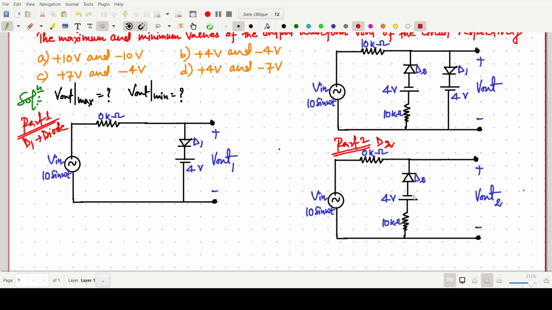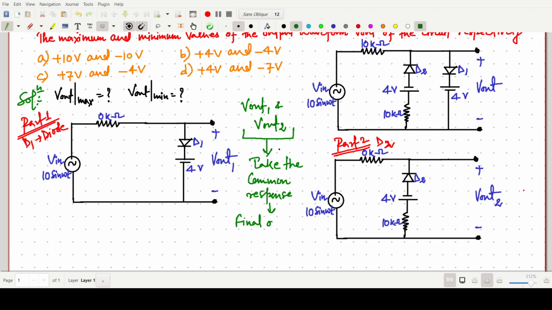If we find V output 1 and V output 2 in both situations, we have to take the common response, which will be the final output for the clipper circuit. Basically, this is a clipper circuit.